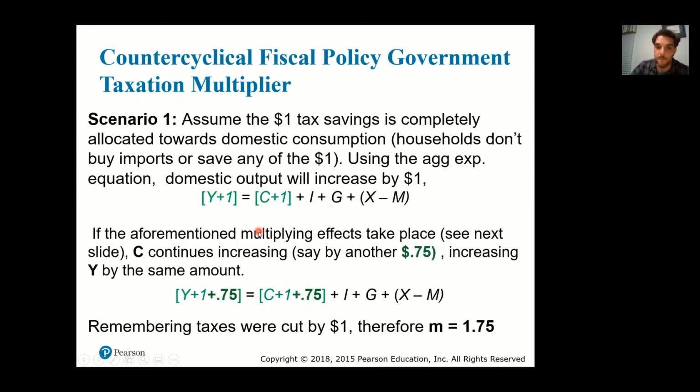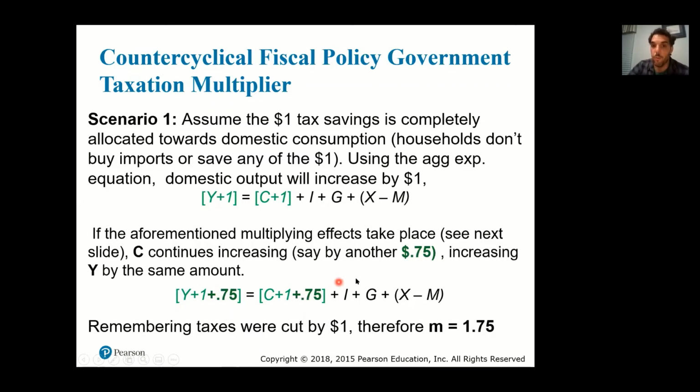So what does that mean? Well, let's say that consumption initially goes up by $1 from the tax cut, but then through the multiplying effects, consumption increases by, let's say, another 75 cents. If that's the case, then given our aggregate expenditure formula from before, if consumption goes up by $1.75, then output is also going to increase by $1.75.